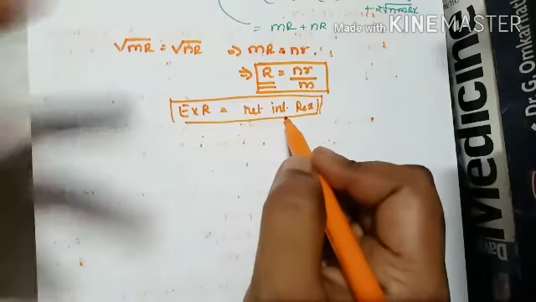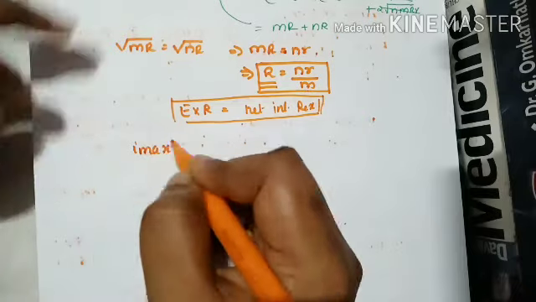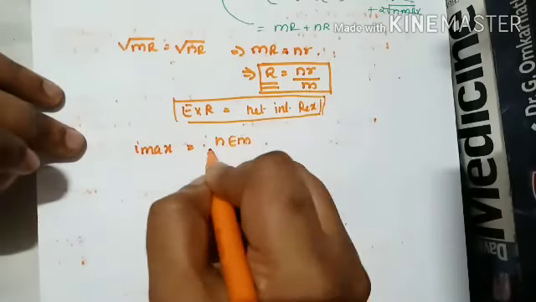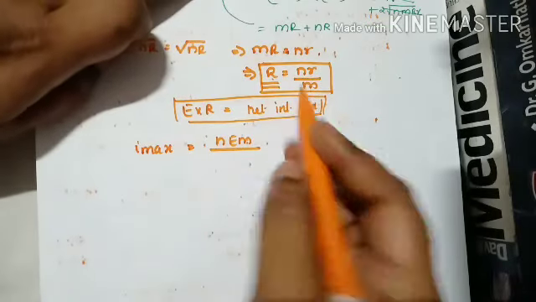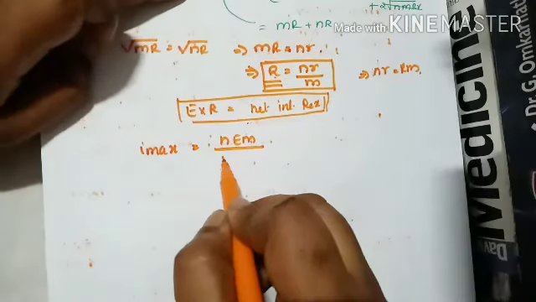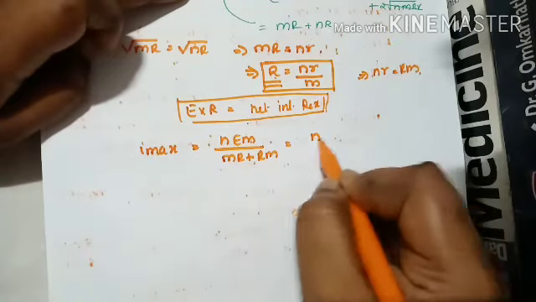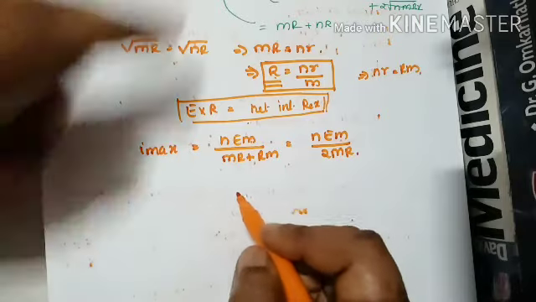Then you are asked, what is the maximum current? So I max, I will use the previous equation here. I'm going to substitute: NEM divided by, in place of NR I can write RM. So it will be MR plus RM, or it is NEM by 2MR, right?